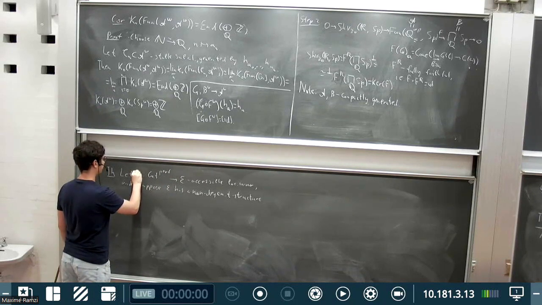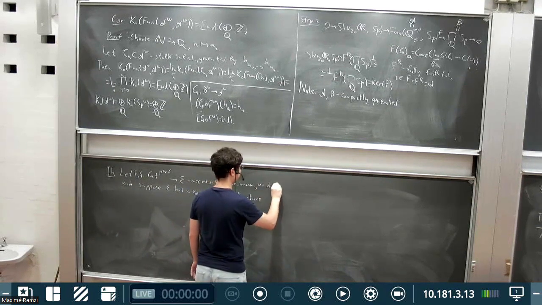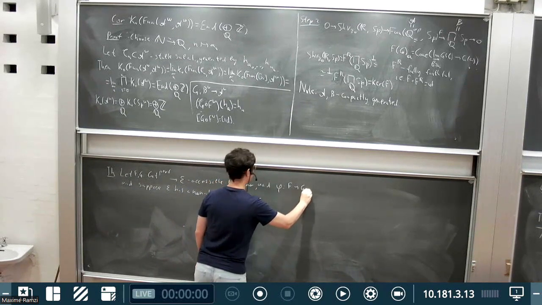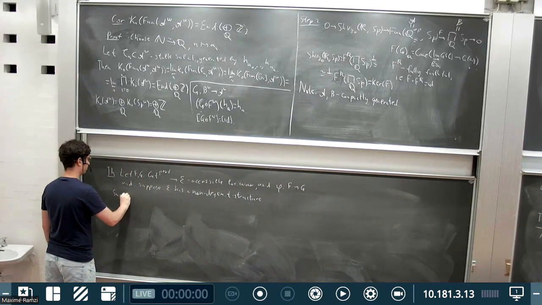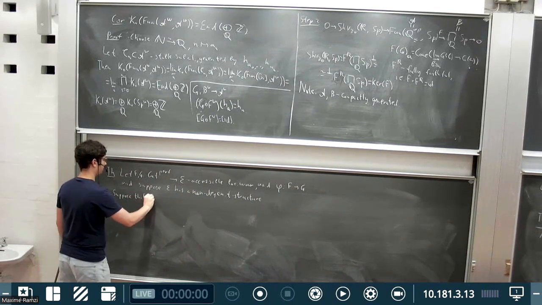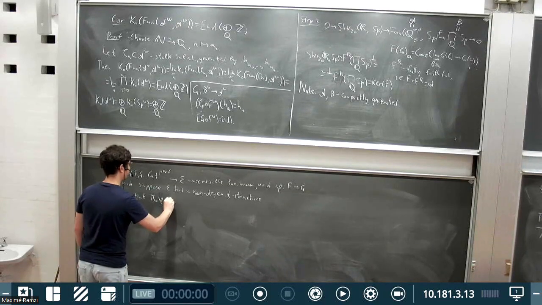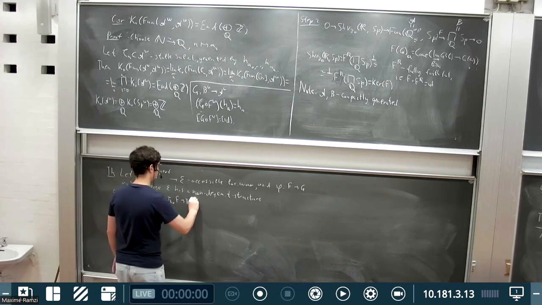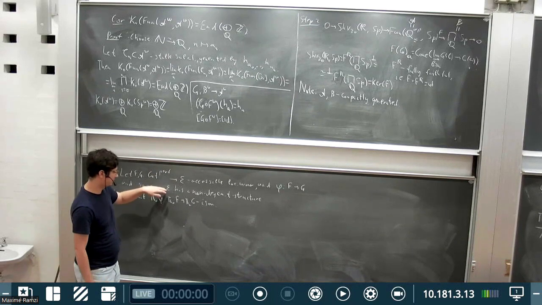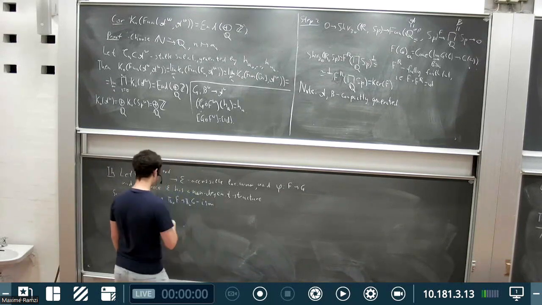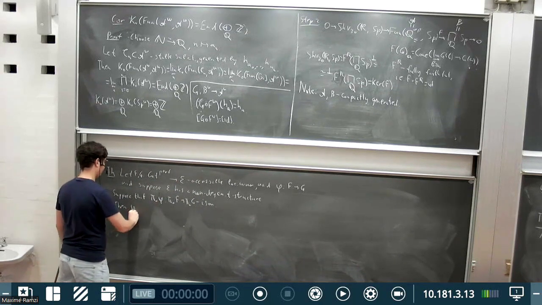Suppose that we have two functors and a map between them, phi from F to G. Suppose that pi 0 of phi, from pi 0 of F to pi 0 of G, is an isomorphism of functors with values in the heart of E. Then phi is an isomorphism.